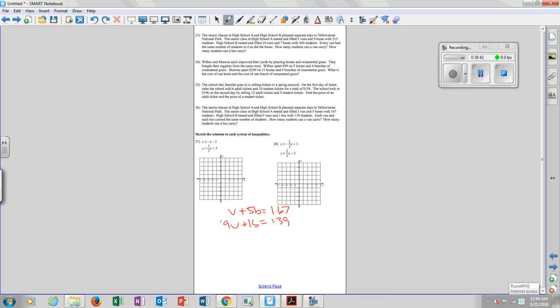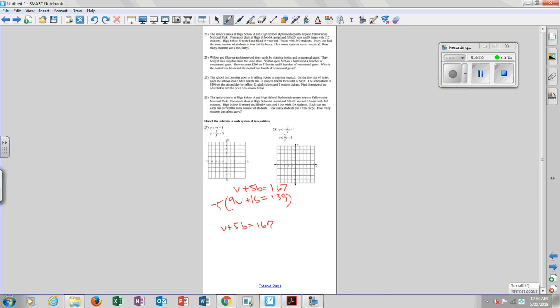Okay, let's multiply the bottom equation by a negative 5, just so our B's cancel out. Top equation stays the same. Second one becomes negative 45V minus 5B, and then negative 5 times 139 gives me negative 695.